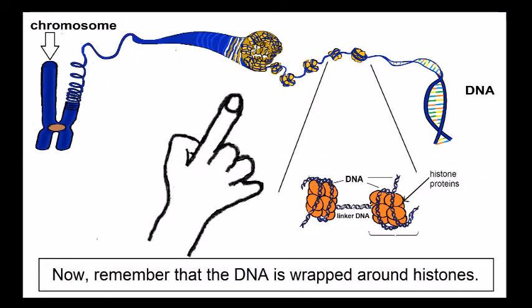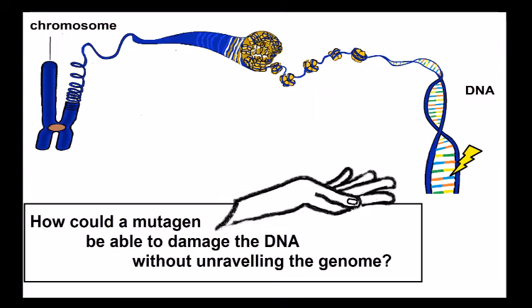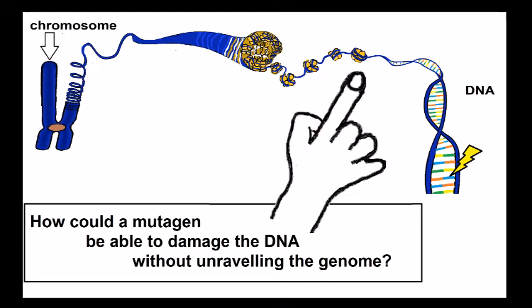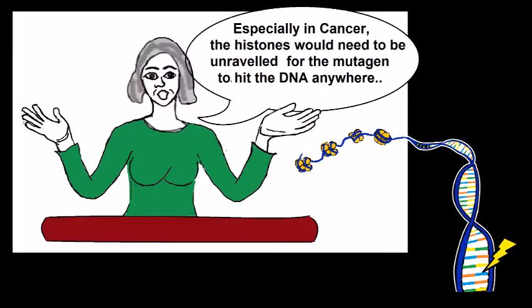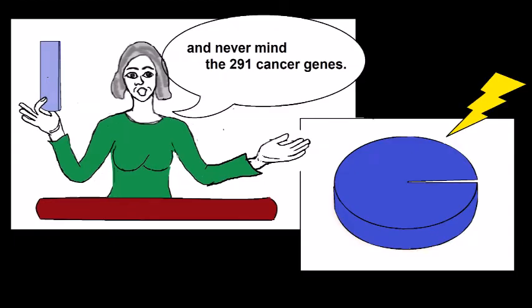Now remember that the DNA is wrapped around histones. How could a mutagen be able to damage the DNA without unraveling the genome? Especially in cancer, the histones would need to be unraveled for the mutagen to hit the DNA anywhere, never mind the 291 cancer genes.